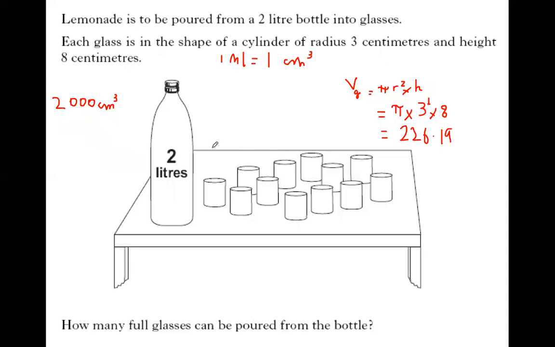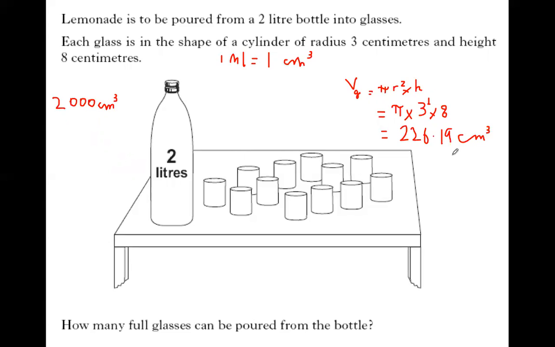So now I take my 2000 centimeter cube and I divide that by 226.19. So this is where, if you don't want to round anything, you just do divide by answer, and you hit equal and I get 8.8.